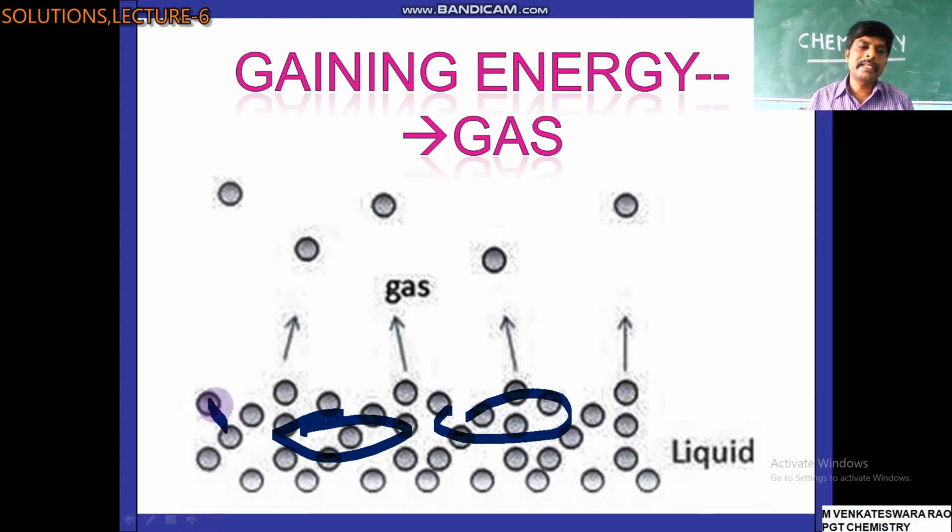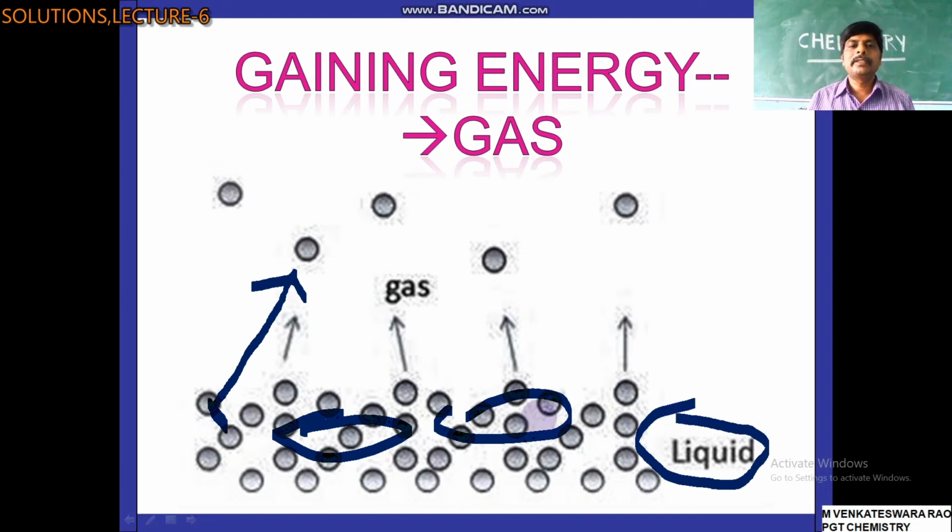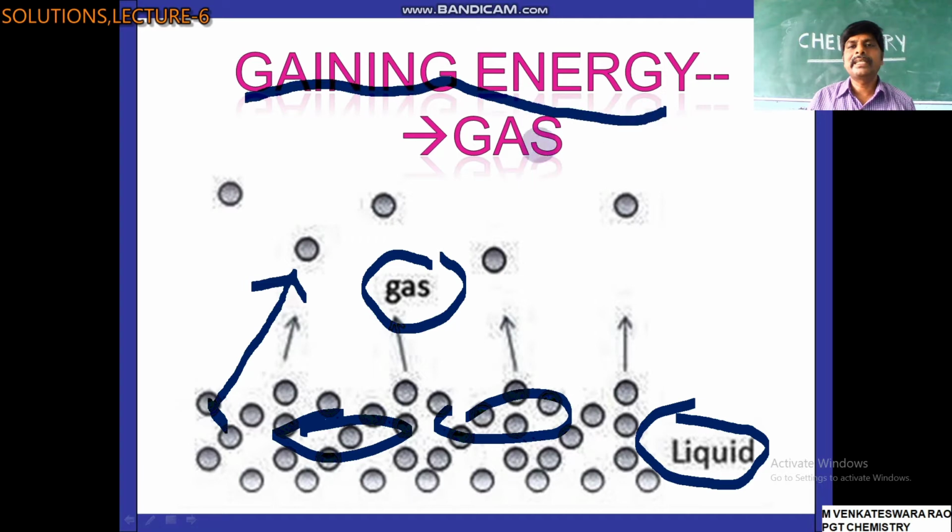If this molecule gains energy, it is converted into gas. So during collisions, some liquid molecules will gain energy and will convert into the gaseous state. Those that gain energy are converted into the gaseous or vapor state.